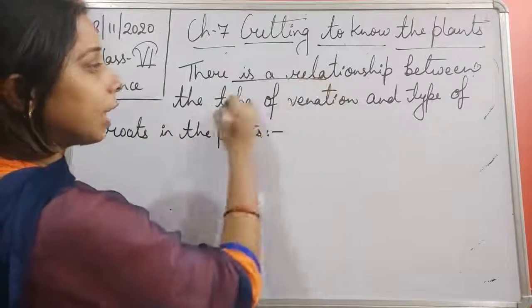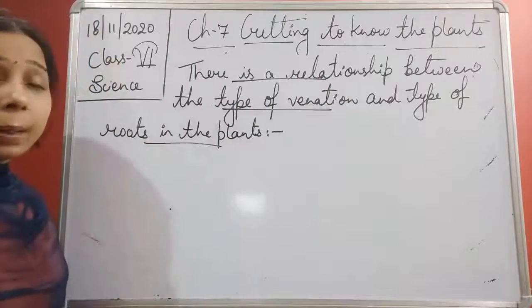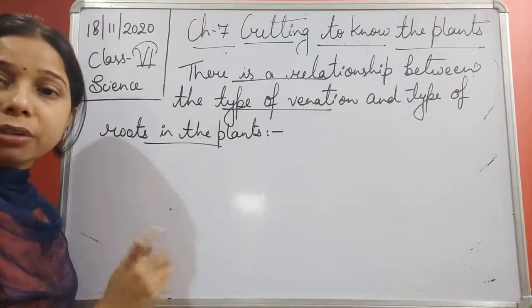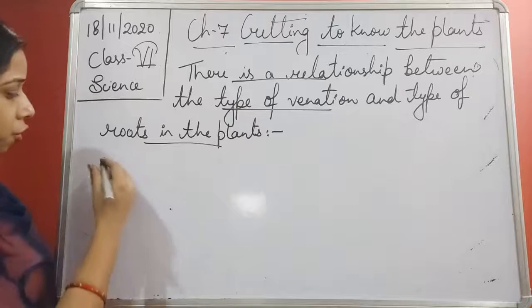Types of venation and types of root in the plant. What kind of a relationship, students?